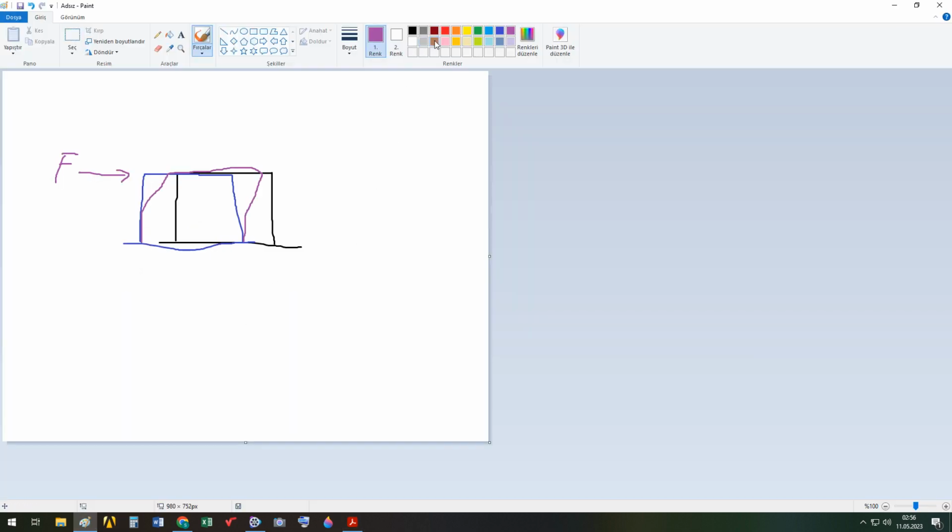Let me explain this in another way. This is a bus. A person is standing on it. As in the case of earthquake, the bus moves.